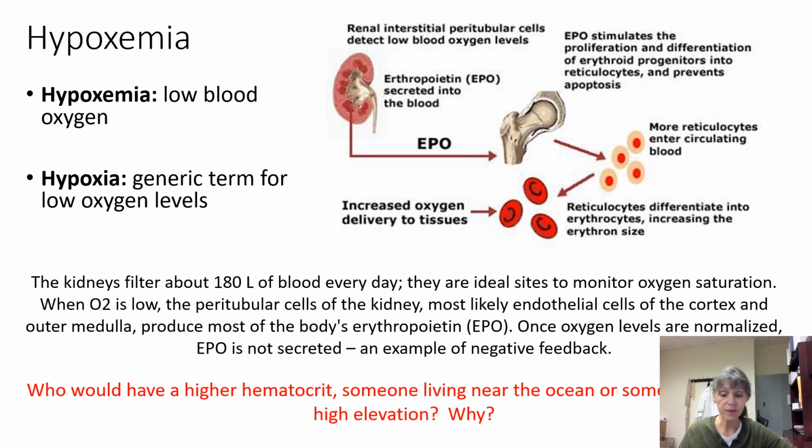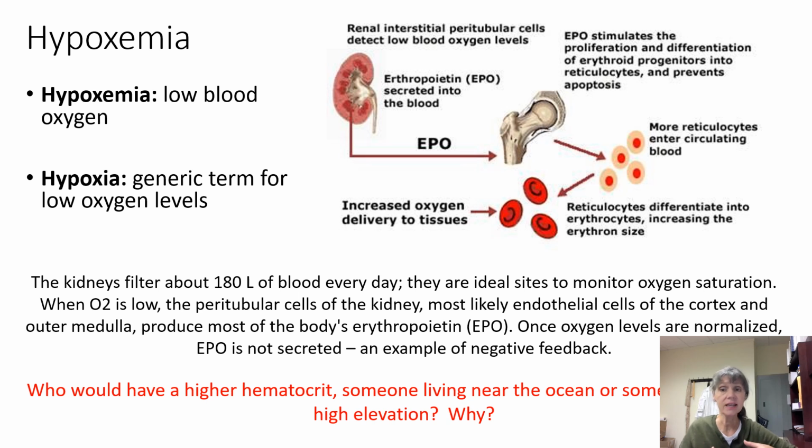Now, remember that not just the nucleus is kicked out of that mature red blood cell, but there are no more organelles. It's just a little bit of cytoskeleton to help maintain a little bit of the shape of the erythrocyte.